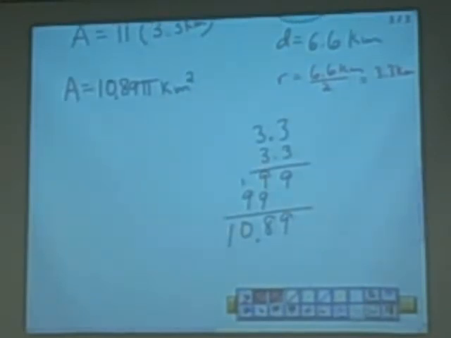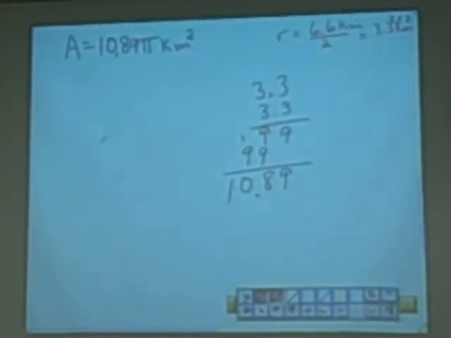Now we want to go ahead and multiply, right? Pi times 10.89. So here's 10.89, and what are we going to multiply? 3.14, right? Okay. So then 9 times 4 is going to be 36.